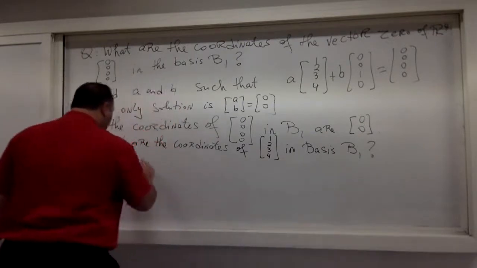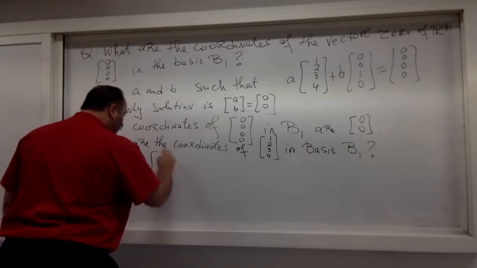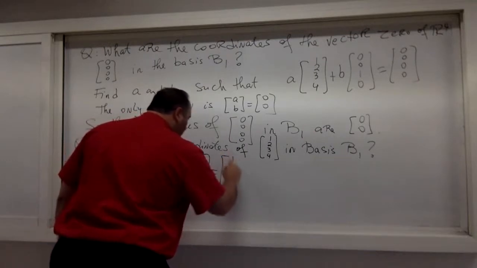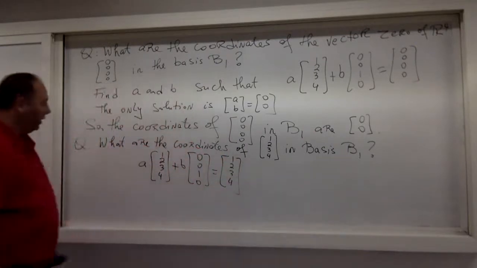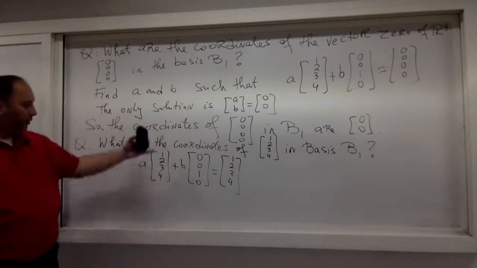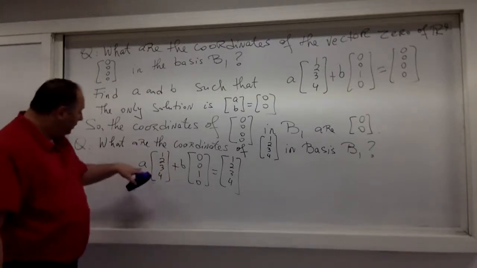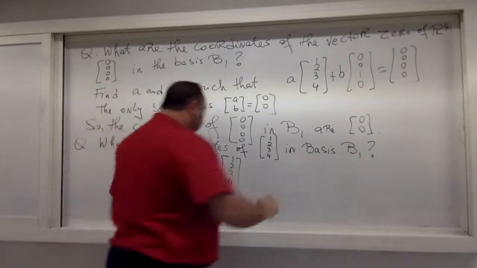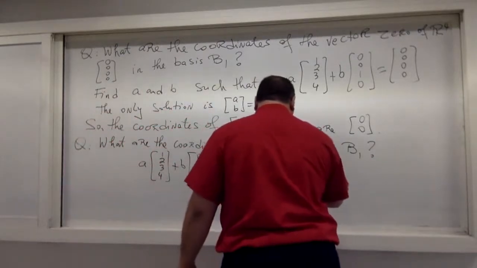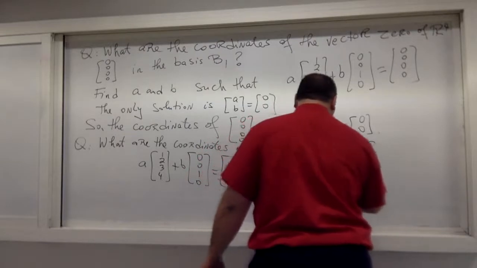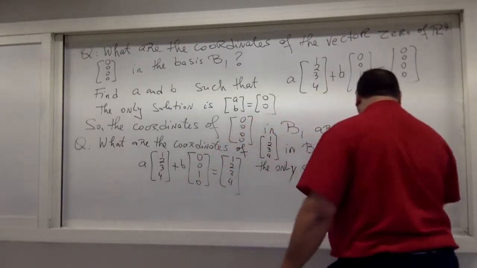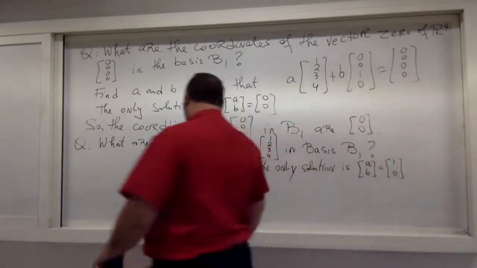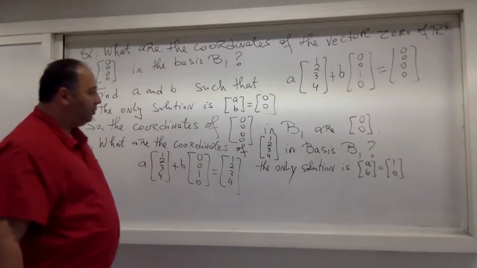I'm looking to solve a times 1, 2, 3, 4 plus b times 0, 0, 1, 0 equal to 1, 2, 3, 4. I'm looking for a and b. To find them, you can do your Gauss-Jordan or be just smart and realize that if you put 1 here and 0 here, you have your solution. So the coordinates for the first basis vector in the basis B1 are 1, 0.